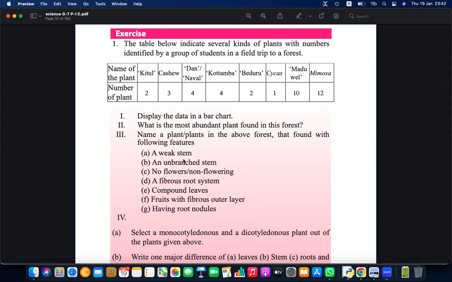Madhuel. So what about Madhuel? Is it having a strong stem or a weak stem? Weak stem. So what do you think? You can argue, right? No, it's having a strong stem.